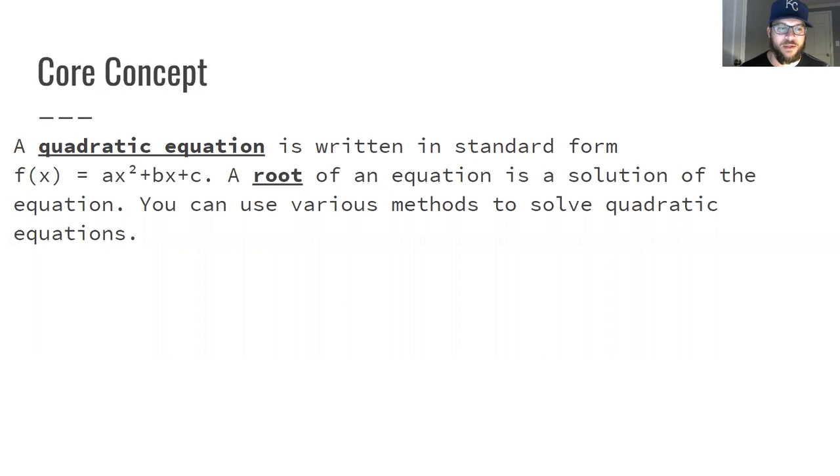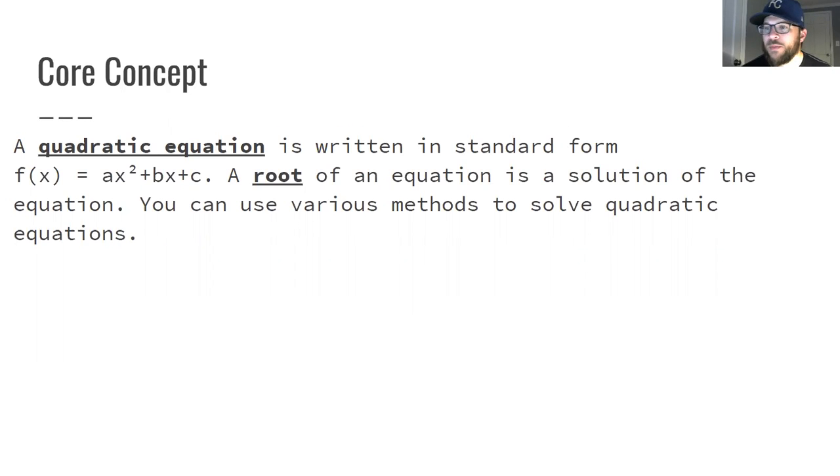Continuing back to how we were graphing quadratic equations previously, to solve a quadratic equation is another way to say you're finding the root of the equation, which in a quadratic graph is the same thing as saying, where does this quadratic equation cross the x-axis? Remember, all quadratics were parabolas. They could be written in standard form, which is ax squared plus bx plus c.